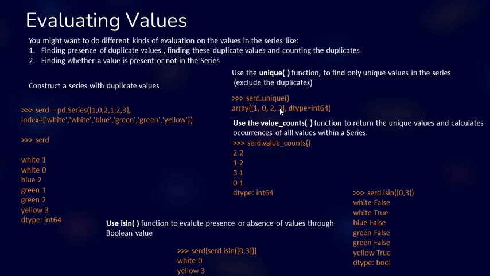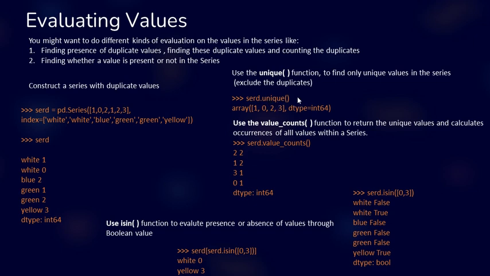Now coming to the other kinds of evaluations possible on series, you can construct a series with duplicate values, and upon that you can use some functions. So let's say I have created a series like this and there are some duplicate values here. I have 1 two times, I have 2 two times, right?